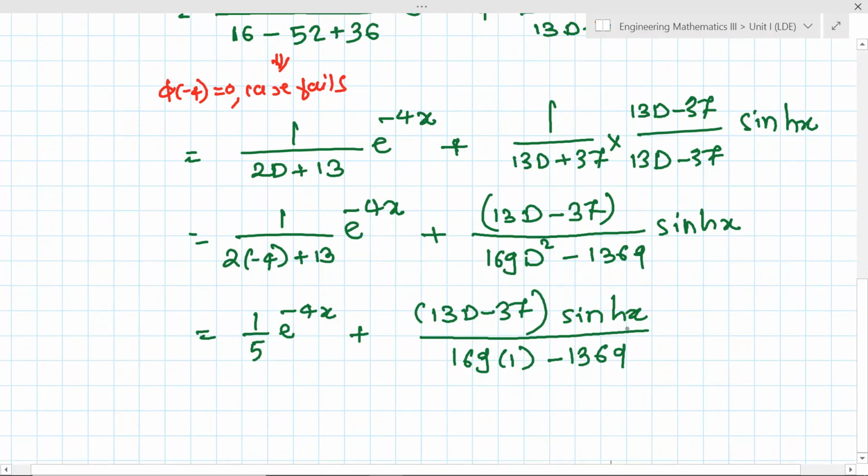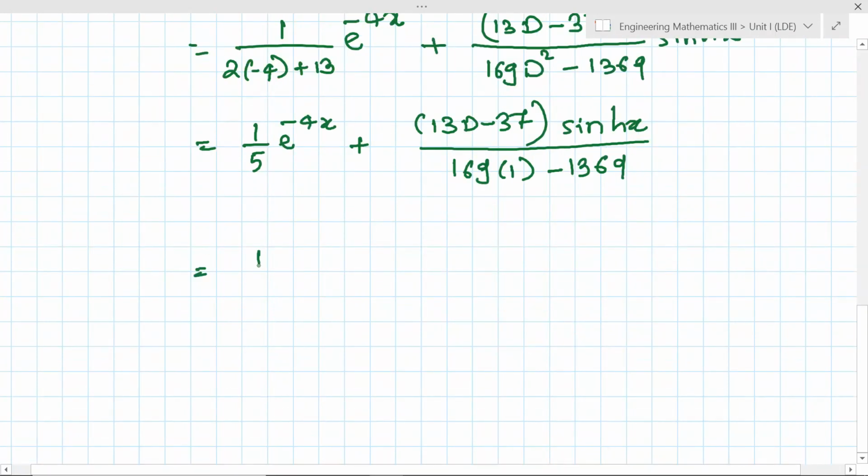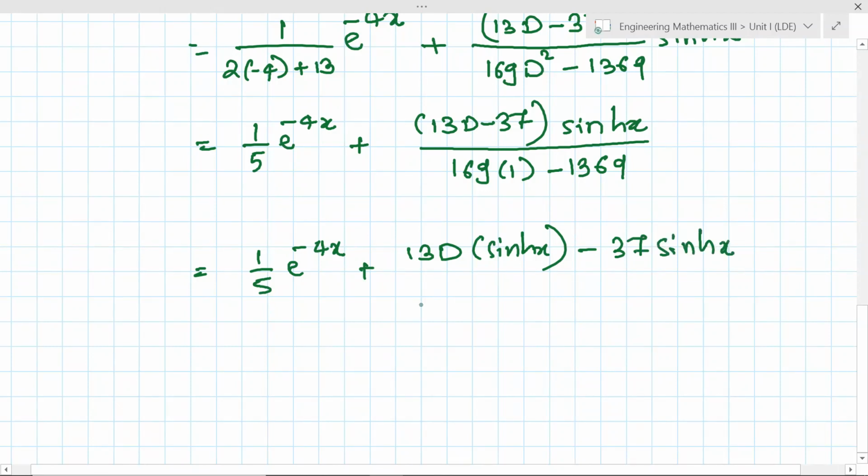This is equal to 1 by 5 e raised to minus 4x plus 13D of sine hyperbolic x minus 37 into sine hyperbolic x, divided by 169 minus 1369, which is minus 1200.